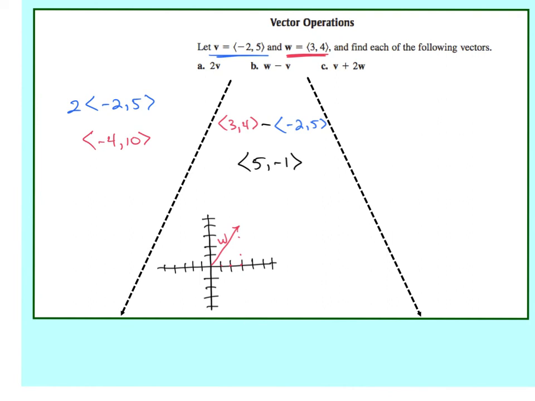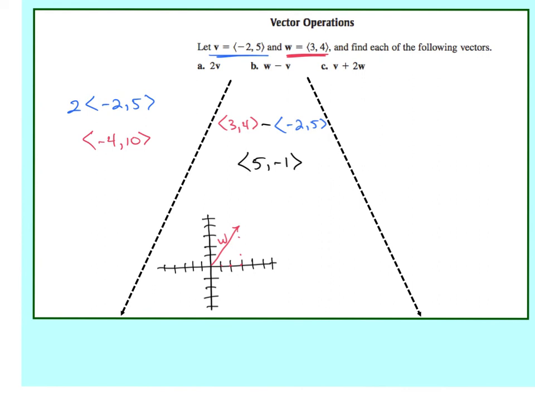And then it says minus vector V. Well, vector V normally goes which way? Usually goes left and up. But if I'm subtracting it, it does the backwards thing. Instead of going left and up, now which way is it going to go? It's going to go right and down. We're going to change the signs on it.